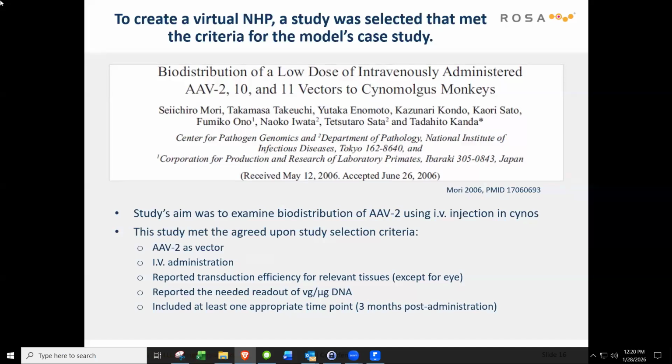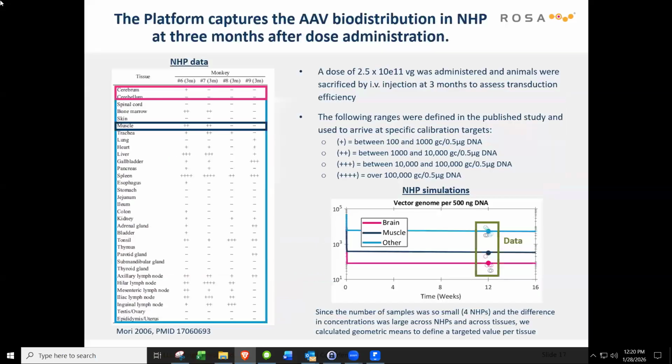Because it was AAV2 with IV administration, they reported transduction efficiency for relevant tissues, except for eye, again. They reported vector genome per mass of DNA, which was relevant for us too. They didn't have short-term data, but they had long-term data, in this case even longer than weeks: 3 months post-administration.